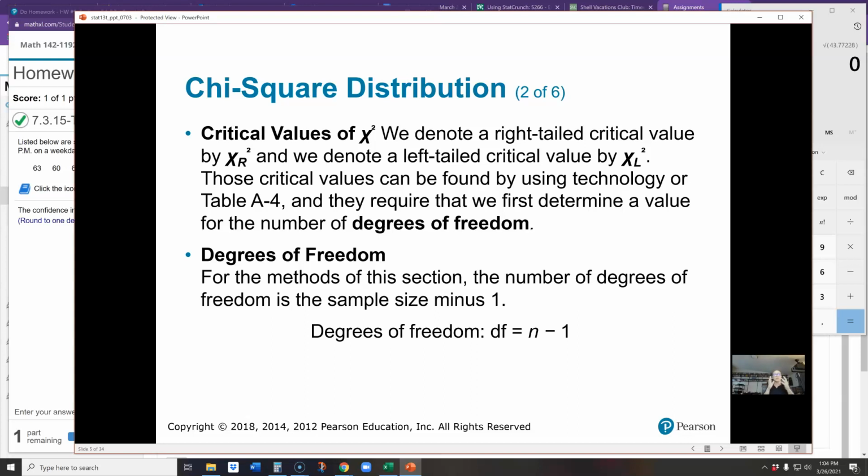And the larger the degrees of freedom, the more and more the t-distribution looked like a standard normal distribution. So a similar thing will happen, and we can look at this graphically for a chi-squared distribution. A chi-squared distribution will look more and more like a normal distribution the higher the sample size and the higher the degrees of freedom. But nonetheless, think of it like you did for your t-distributions in 7.2, that you need to work with the degrees of freedom.